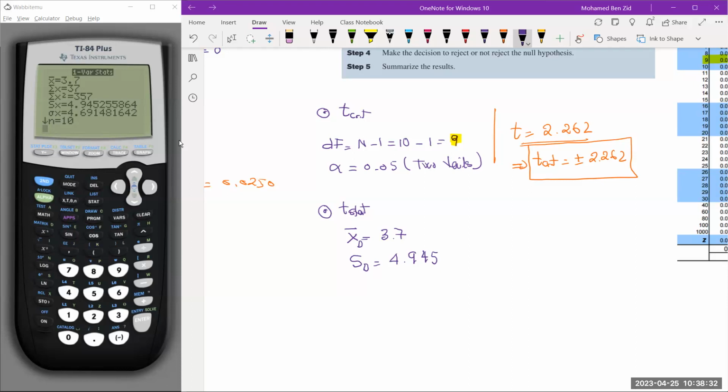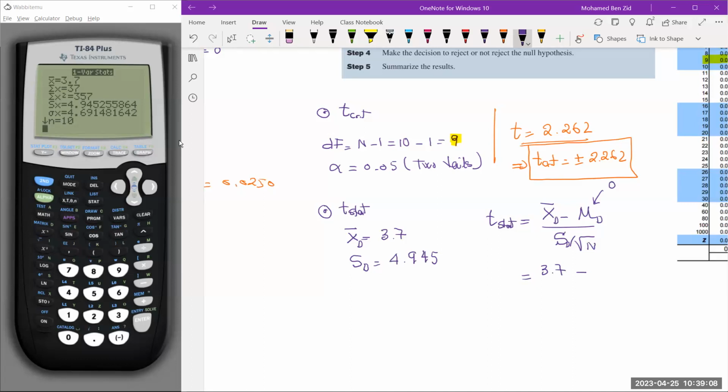Now, in order to calculate the T stat, it's going to be the old formula, which is X bar minus the mean, divided by S divided by radical n. So this is D, and this is D, and this is D. That's the only thing that has changed, but it's exactly the same old formula. The X bar we know is 3.7, minus mu D, please remember, is 0.